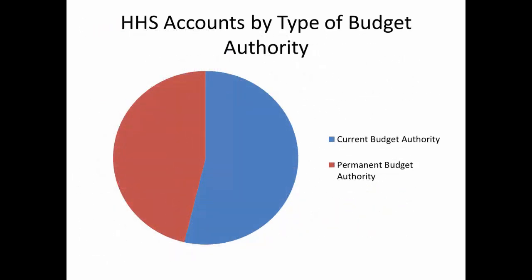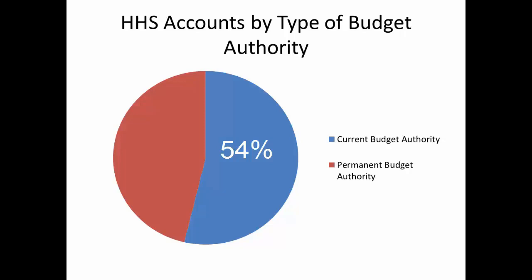Let's return for a moment to our pie chart. About 54% of HHS unexpired accounts receive funding from appropriation acts. This same 54% receive funding under continuing resolutions when Congress fails to enact regular appropriations on time.